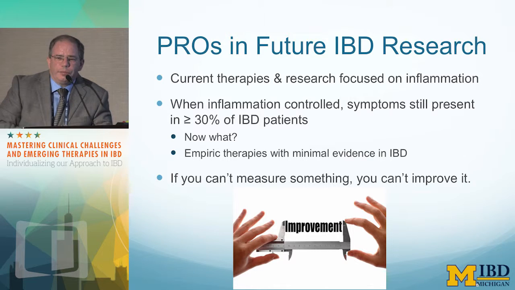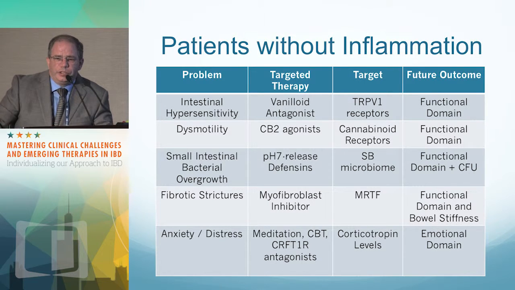But if you can't measure something, you can't improve it. So the idea is to have a structured measurement and be able to actually do trials to test whether we can change outcomes in these aspects of IBD beyond inflammation. And here are some examples. We know patients after severe inflammation have intestinal hypersensitivity.